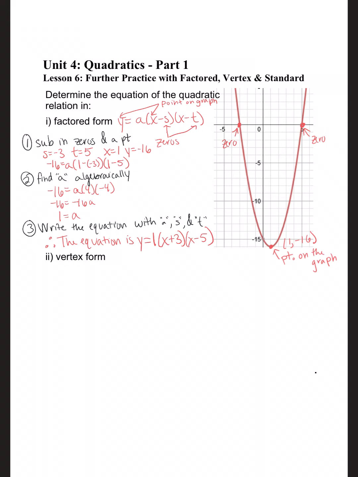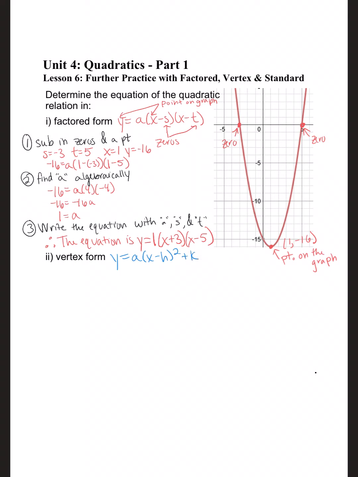Okay, if we wanted to do the same thing and write it in vertex form, generally the process would be the same, where we're going to sub in, in this case, our vertex. So let's first write what the vertex form looks like once again. So a times (x minus h) squared plus k.